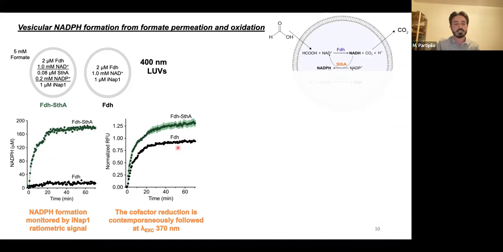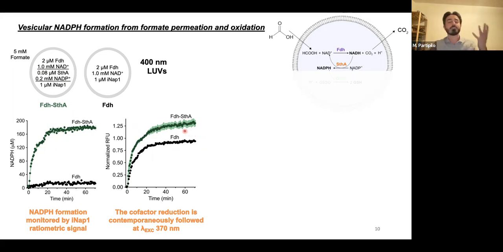In this case, this is a 1 millimolar NADH formation, as you can see, when the reaction reached the steady state. And we could observe the quantitative difference with the coupling, where instead we had the reduction of 1 millimolar NAD plus and 0.2 millimolar NADP plus, for a total pool of 1.2 millimolar cofactor that is reduced.